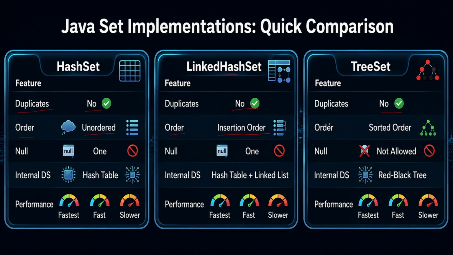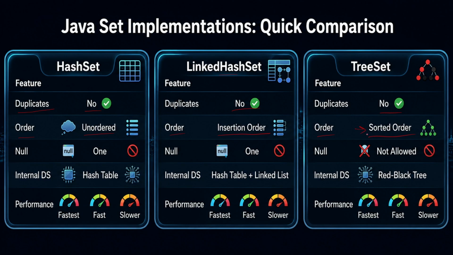And TreeSet does not maintain insertion order, but it provides sorting. So it gives the sorted order. By default, which kind of sorting does it give? Ascending order.